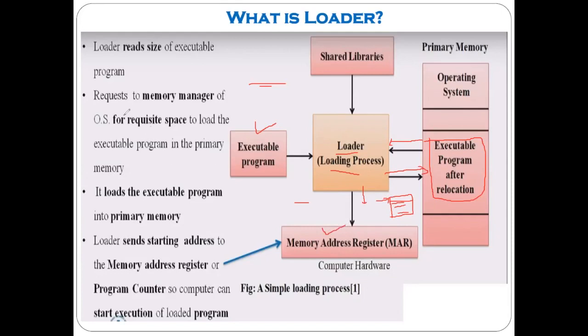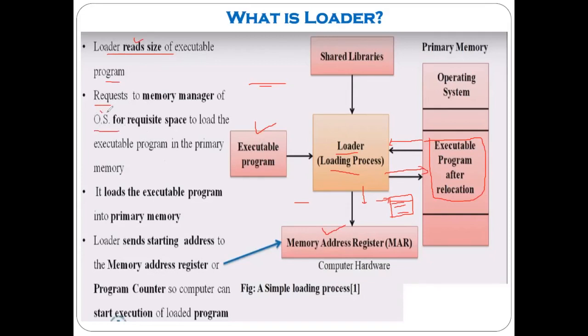So here I have mentioned loader reads the size of the executable program. It reads the size, meaning how much memory will be required for your executable program. That is determined by the loader. And then what does the loader do? Loader requests the memory manager of the operating system. Now who is going to give the memory for the loading of the program?